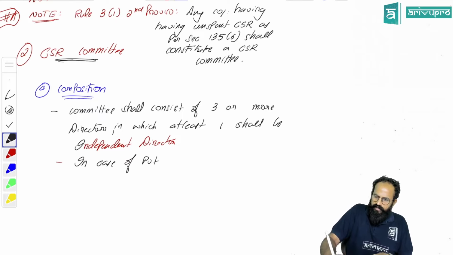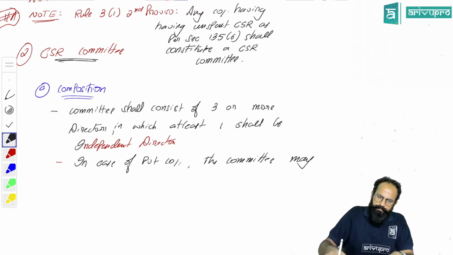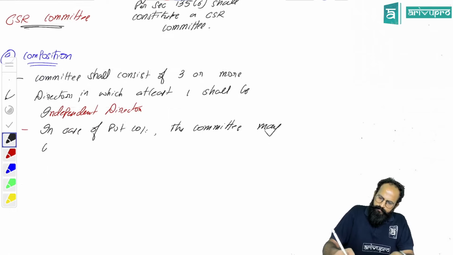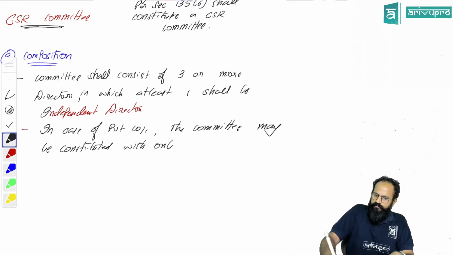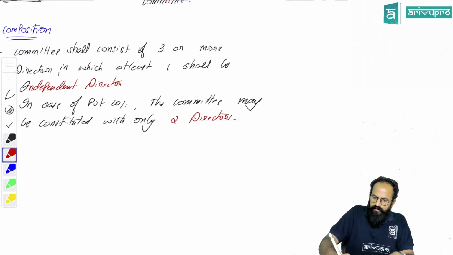In case of a private company, the committee may be constituted with only two directors. You can add it for both actually, in case of private company and unlisted public company.